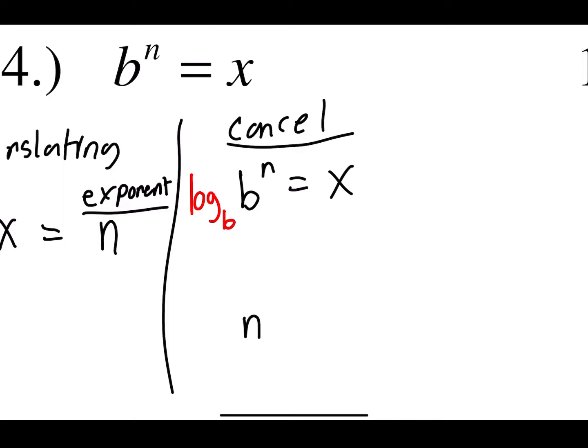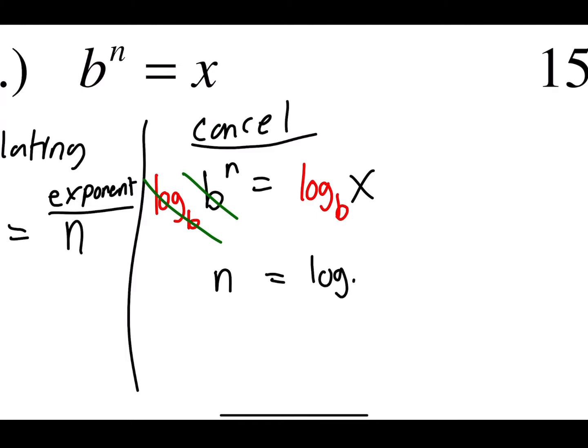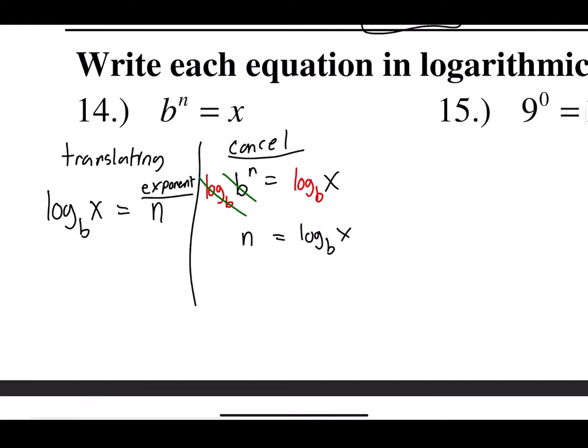Log base b of b will cancel, and I'm left with n on one side. And if I do it to one side, I should do it to the other. So take this x, log it, log base b, both sides. Log base b of x can't be resolved, but I have the other side of the equation, log base b of x. That is going from exponential to logarithmic form.